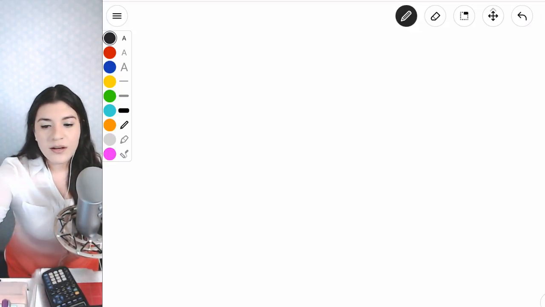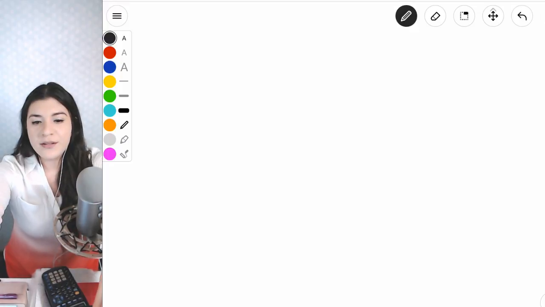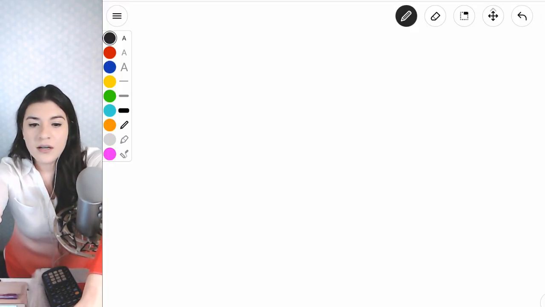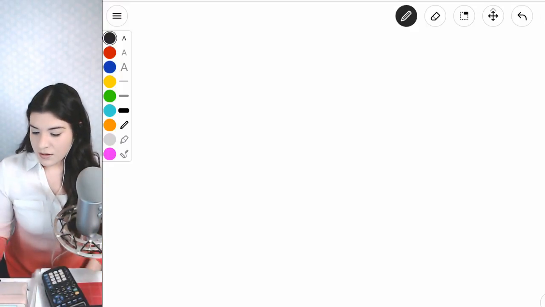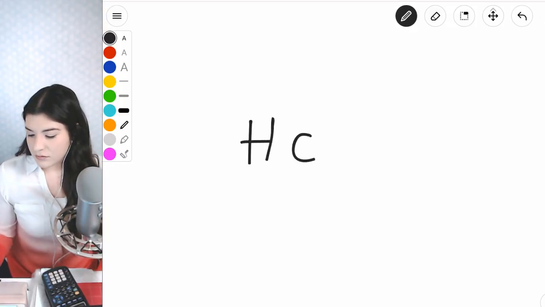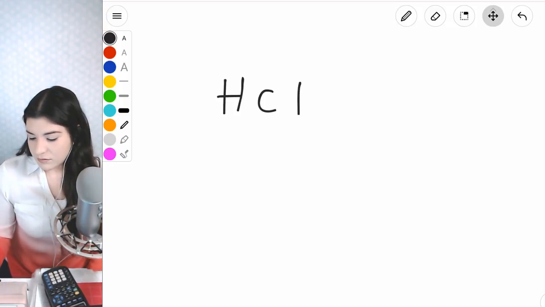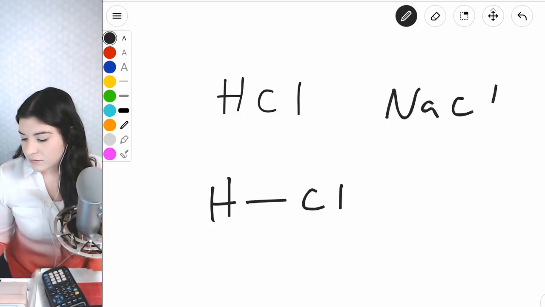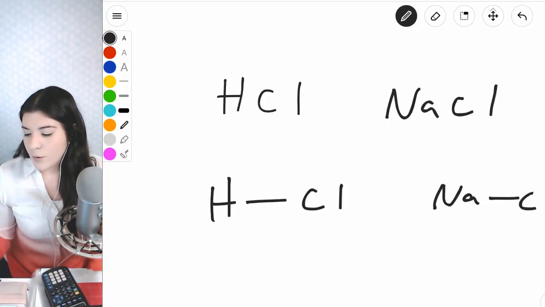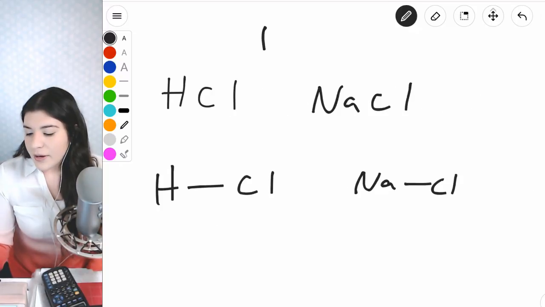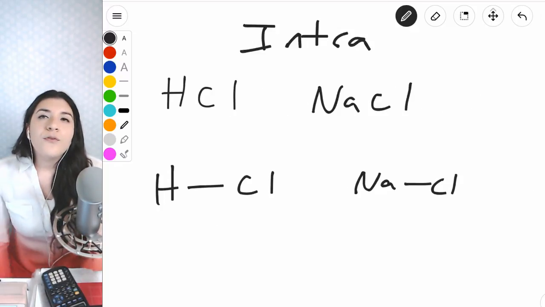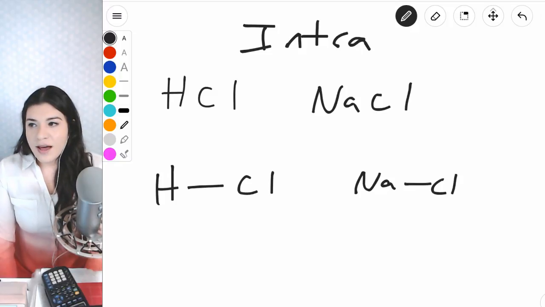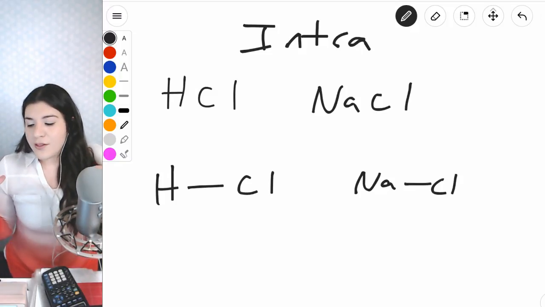Let me give you an example real quick. It'll make so much more sense once I draw it out. Let's say I have HCl, or even NaCl. So whenever we're talking about intra, we're focused on the bond that's holding together that compound.